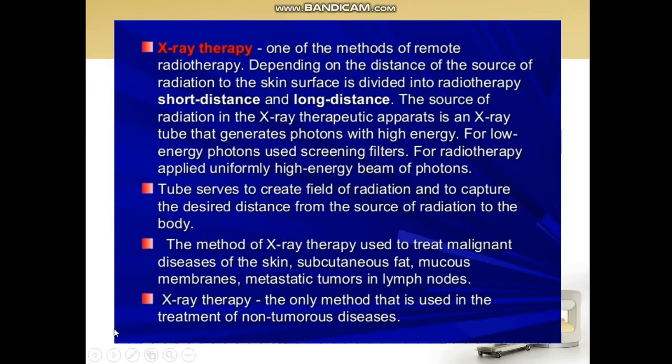Thus, with the help of X-ray, we can treat malignant tumors, and you can see the names of them here: skin tumors, subcutaneous fat tumors, metastatic tumors in lymph nodes, and we can use it for treatment of non-malignant disease.